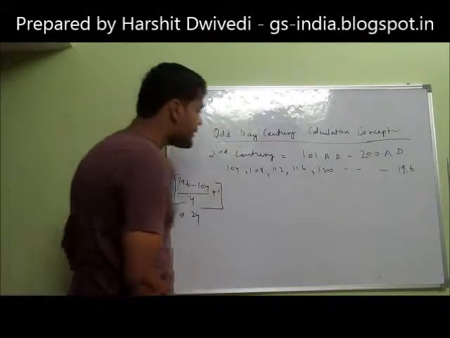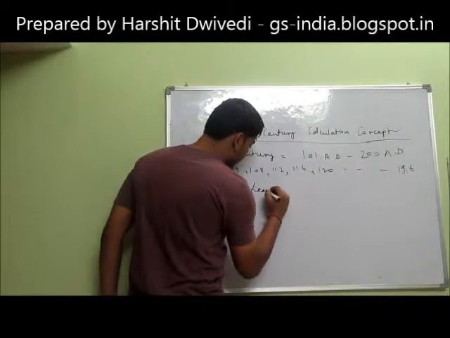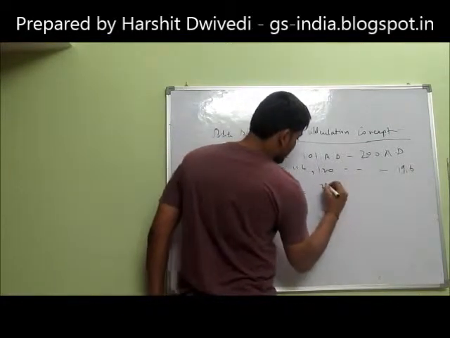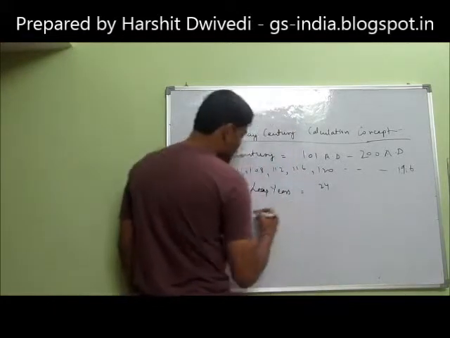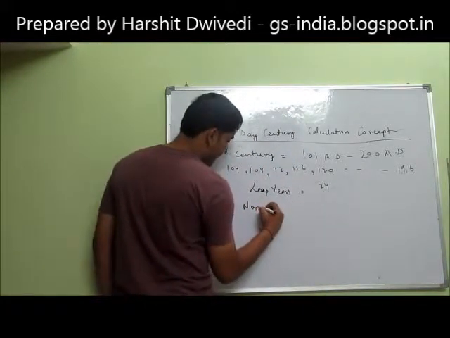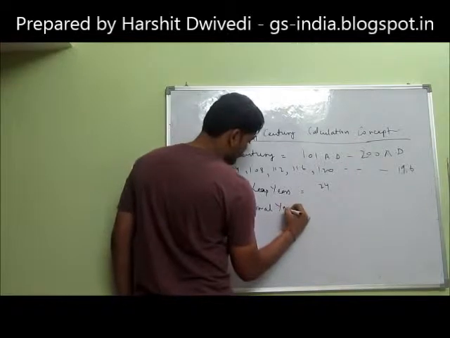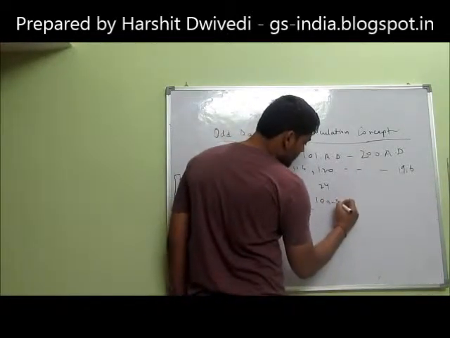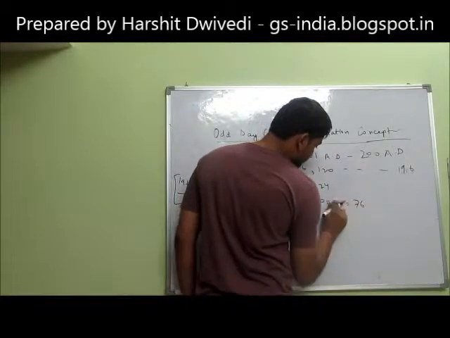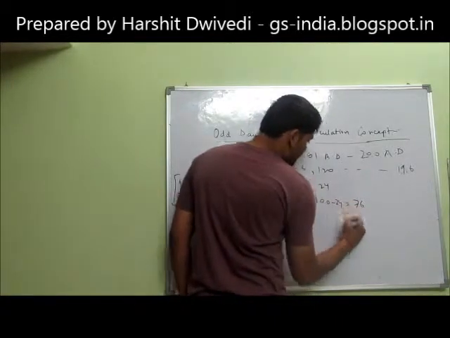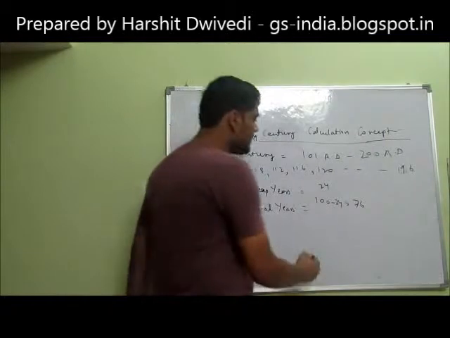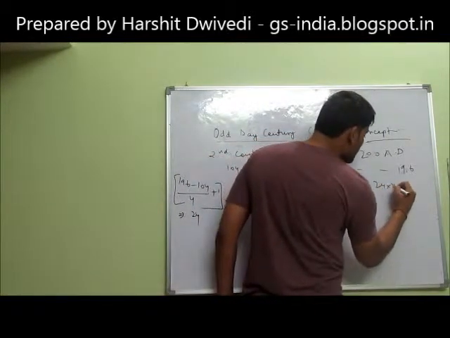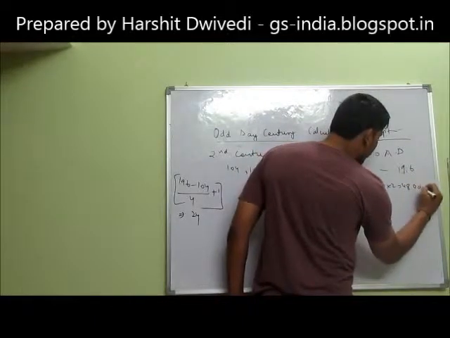So the leap years in it are again 24. And normal years? In it are 100 minus 24, 76. You know, in each leap year, there are 2 odd days, so odd days will be 24 into 2, 48 odd days.